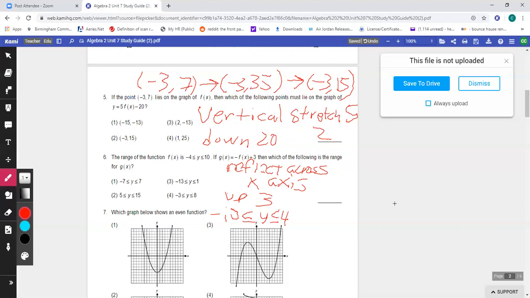Because I reflect across the x-axis, so that means you change the signs of both the -4 and the 10. And then now you're going to go up 3, so each of these y values will get moved up 3. So this would be -7 less than or equal to y less than or equal to 7. So that's 1.